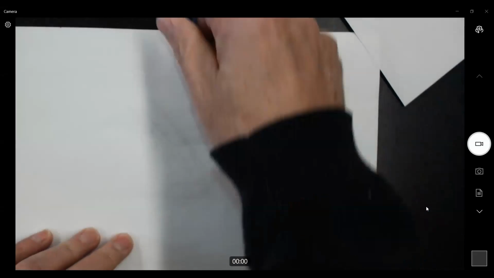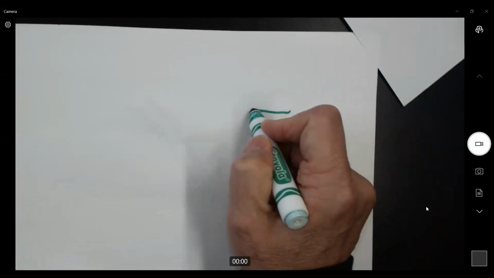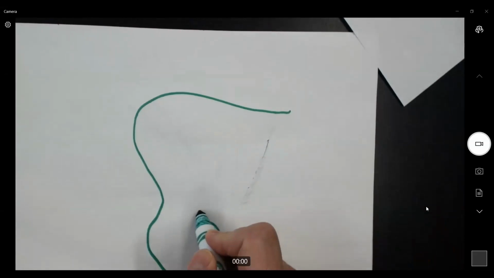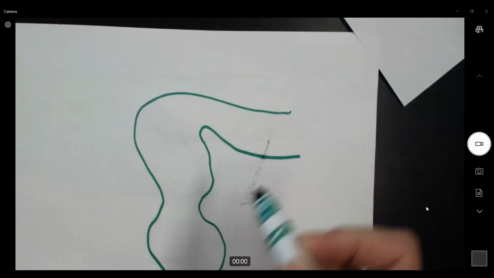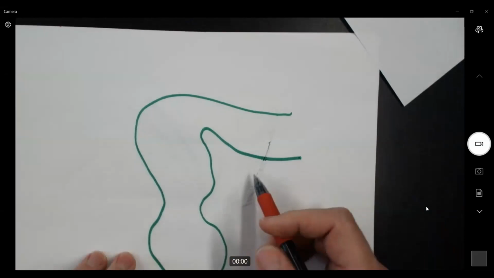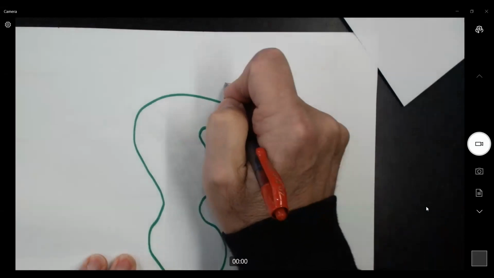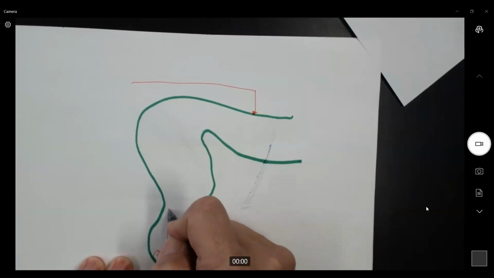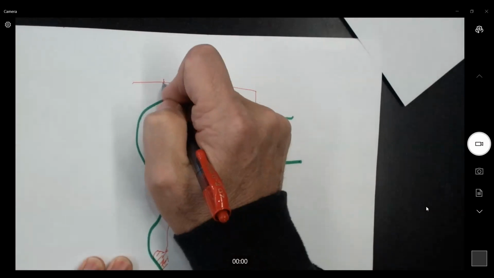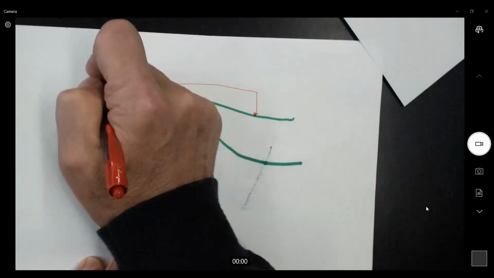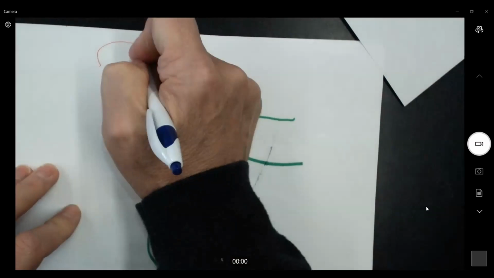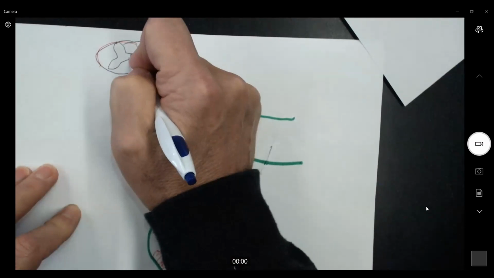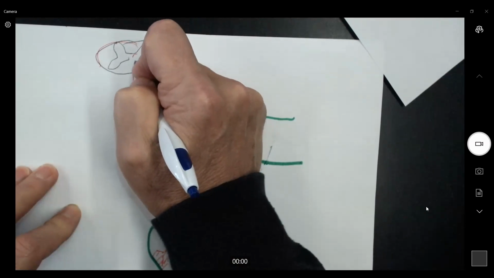Okay, so this goes essentially, use your imagination, pretend this really ugly thing is your spinal cord.